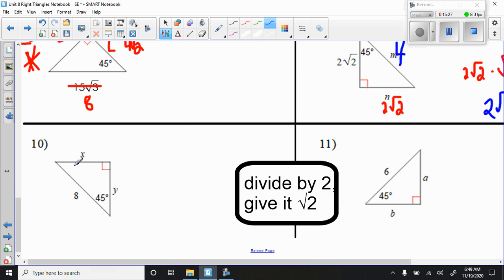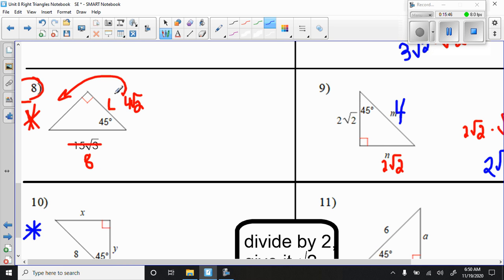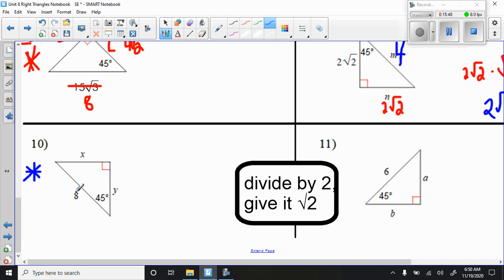Once again, our little shortcuts, when we get to these points, both of these are using our shortcut, divide by 2, give it a radical 2, when the hypo is a whole number. I accidentally did the exact same number up here without even looking at it. So 8 divided by 2 is 4, and give it a radical 2.